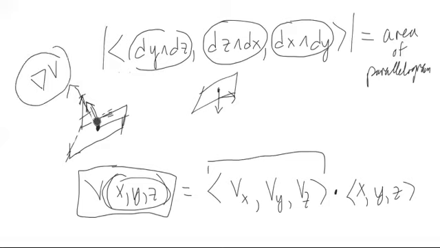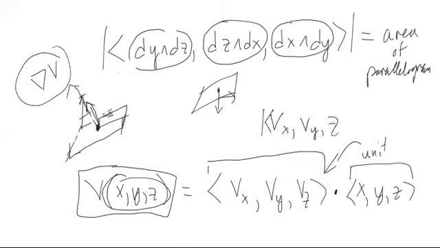Since dot product with a unit vector is projection, and if we're projecting on the same direction as this, we end up getting just projection onto itself, which means that if this is a unit vector that's parallel to this one, also orthogonal, we end up just getting the magnitude. So the volume is actually going to be equal to the magnitude of the gradient, partly because the gradient happens to be orthogonal, and that's how we're computing the actual volume.